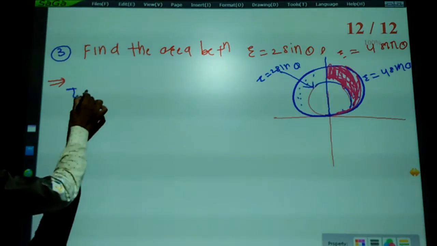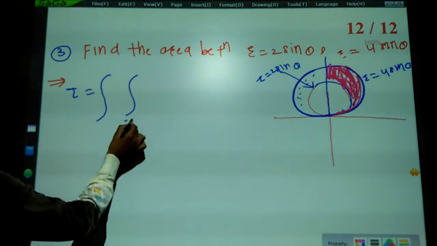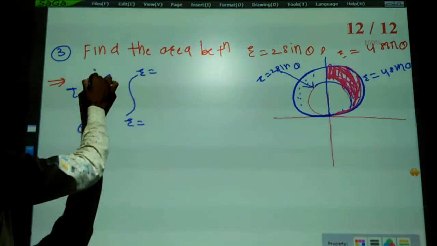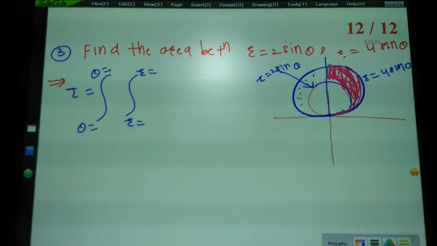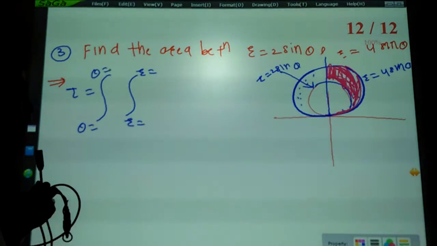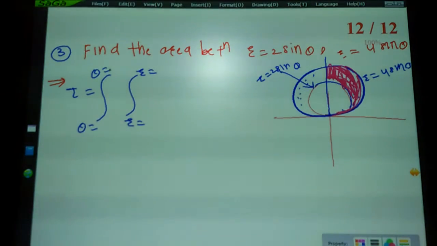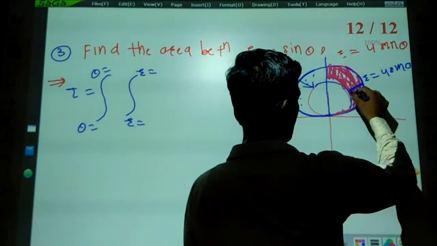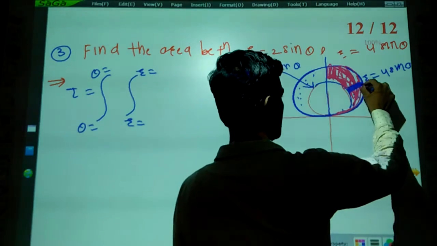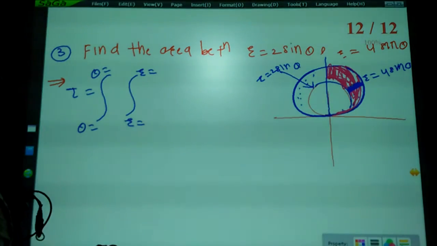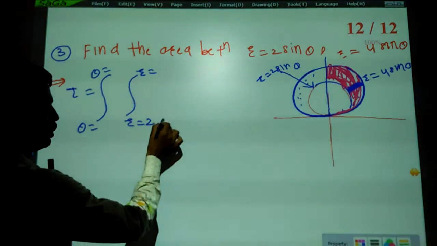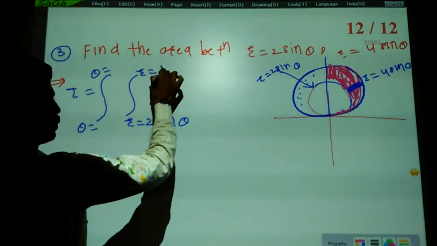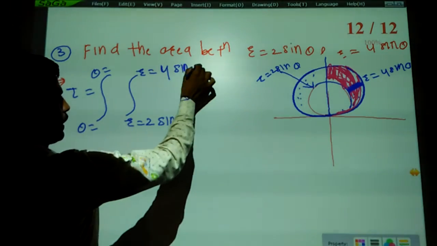So here I is equal to double integration, inner integration with respect to r, outside integration with respect to theta. So here for r, only think about the first quadrant. Suppose there is something strip like this. So draw one strip. That strip, one end of that strip is r is equal to 2 sin theta, other end r is equal to 4 sin theta.